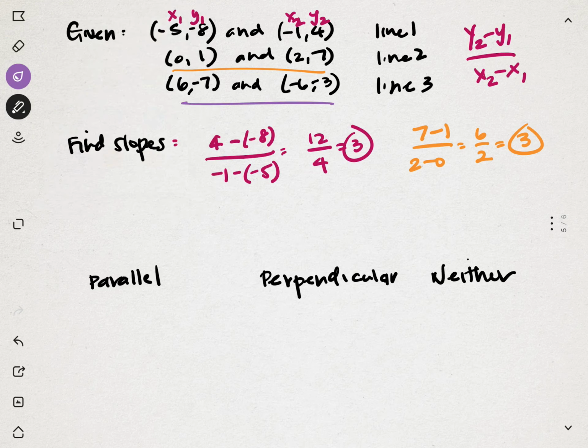And then the last one, negative 3 minus 7 over negative 6 minus 6. So that's going to be negative 10. Oops. Minus negative 7. Sorry, I did that wrong.